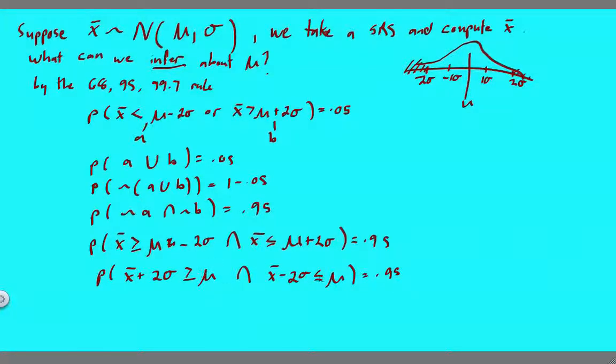Okay, so we've got an AND statement, and we've got mu isolated in both sides of the AND statement. So what we can do is put mu in the middle, and we want mu to be less than or equal to x bar plus 2 sigma. And from this side, we know that mu has got to be greater than or equal to x bar minus 2 sigma.